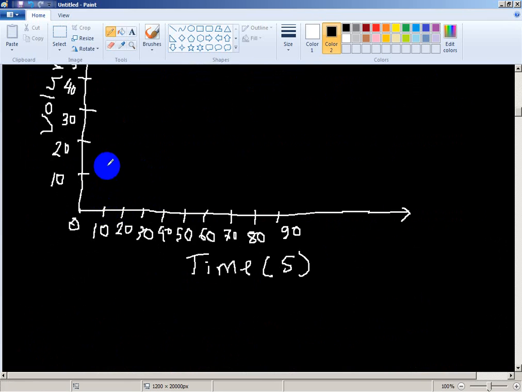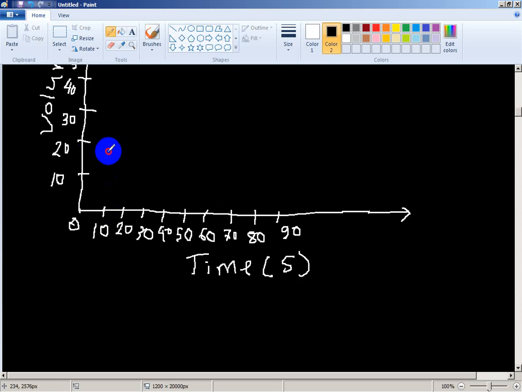Look, this is 18, approximately, between 10 and 20.